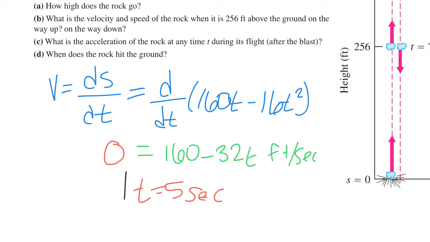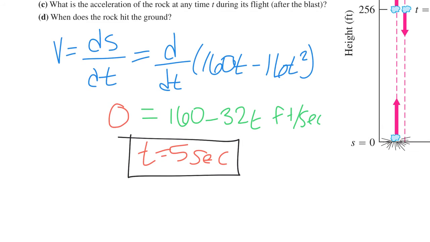So we can take this t equals 5 seconds and go back to our original equation and plug 5 seconds in, and then we can calculate the height of the rock at 5 seconds.